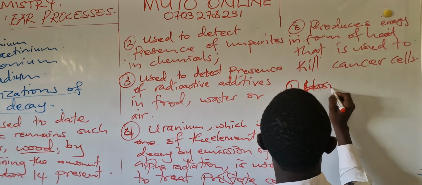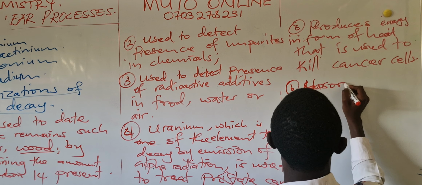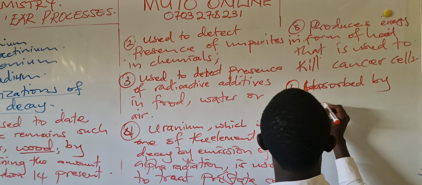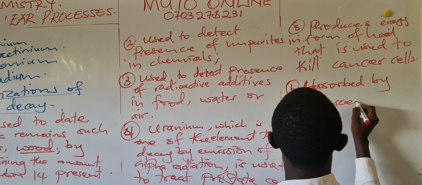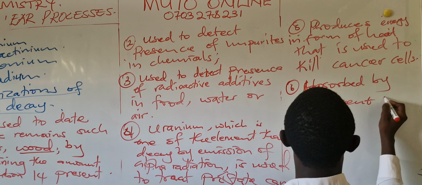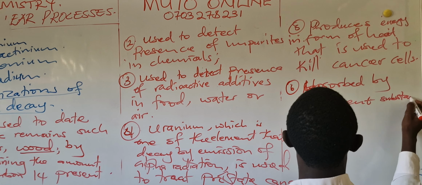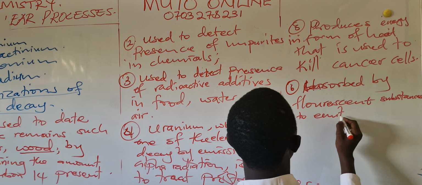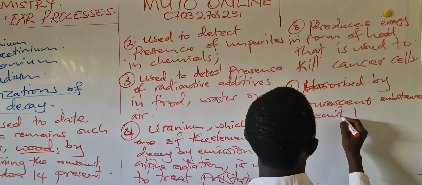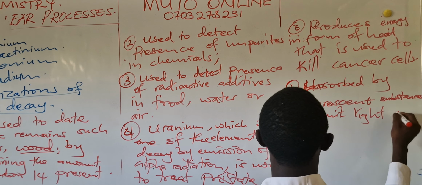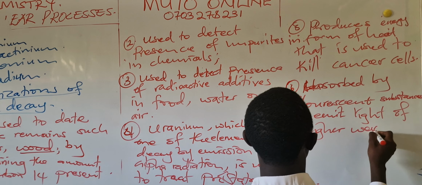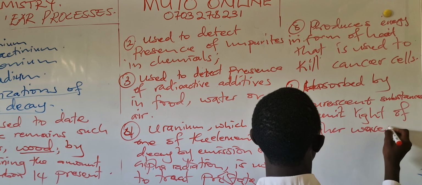So I would say the alpha radiations are always absorbed by fluorescent substances to emit light of higher wavelength.